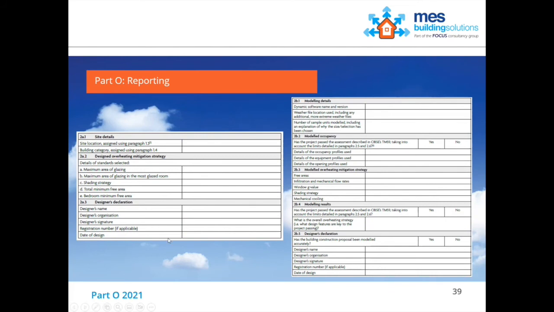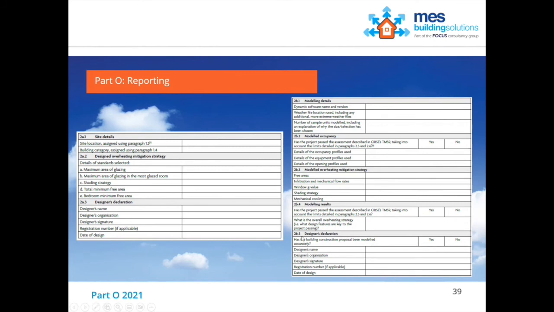This is the simplified approach one. It's quite short, but it essentially just requires whoever's done the check or the design to say whether it passes or fails, and then to put their name against it as to whether it does comply with Part O or not. And then we have the same thing for the DSM. Obviously it's more complicated because DSM is a more complicated process, with a much wider range of variables we have to document.